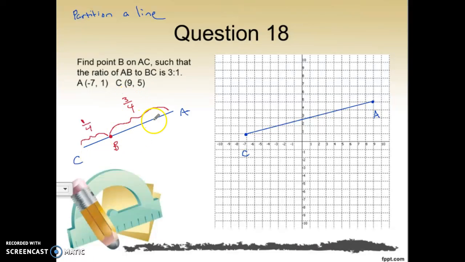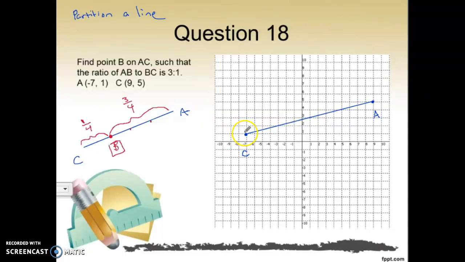So that gives us 4 parts altogether. So we can imagine there would be one here and one here as well, okay? But what we're actually looking for is this point B, and it's a fourth of the way from C to A.